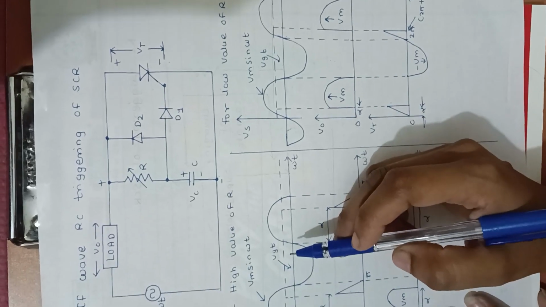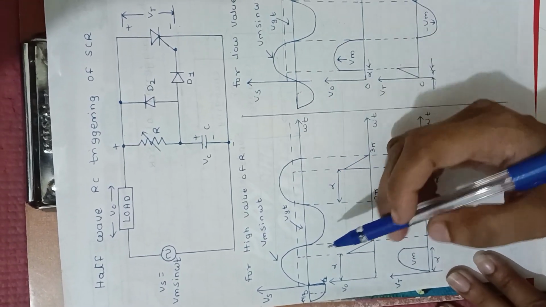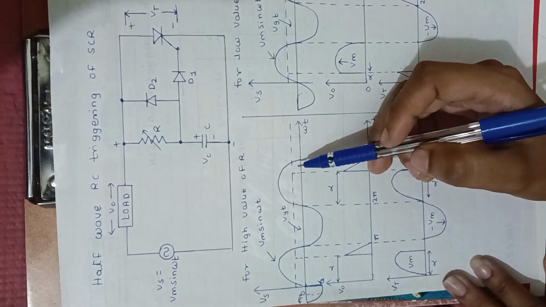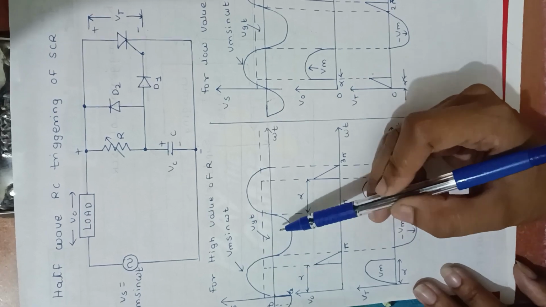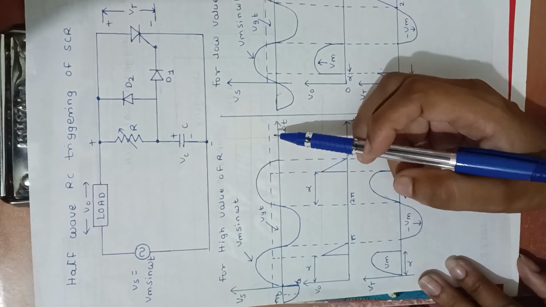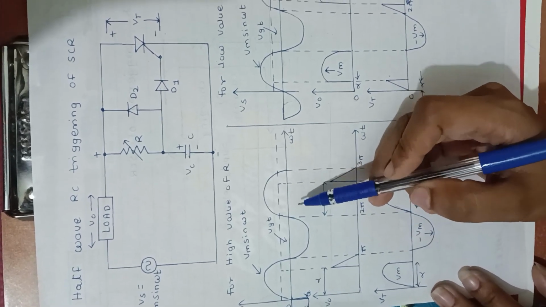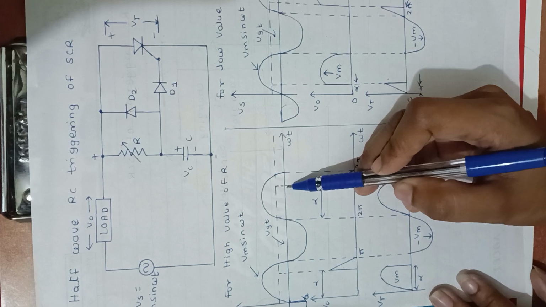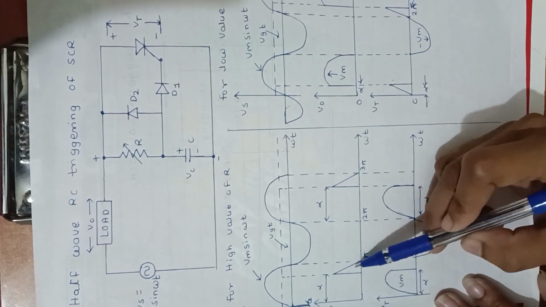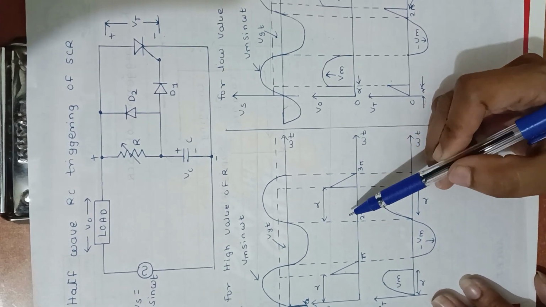And now we can see, for a high value of resistor, when this SCR gets triggered, voltage across the load will appear and voltage across the resistor will be 0. So during this instant only, voltage will appear at the output side. This will be the firing angle alpha. This is the output voltage, and this is the voltage across the SCR.